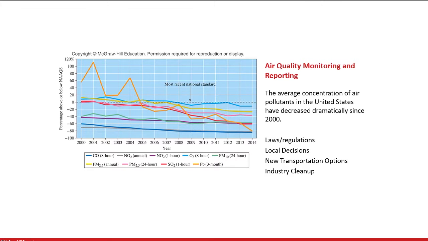Thanks to increased education about air quality and also the implementation of things like the Pollution Prevention Act, there has been a dramatic decrease in the concentration of air pollutants in the United States since the 2000s. Now, it's not just laws and regulations that have done that. For example, local communities will have an investment in wanting to lower certain pollutants to clean up air quality.